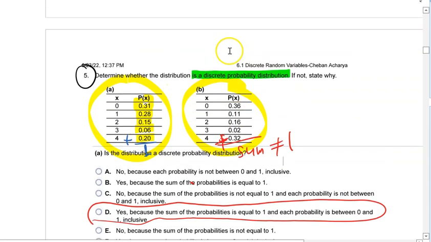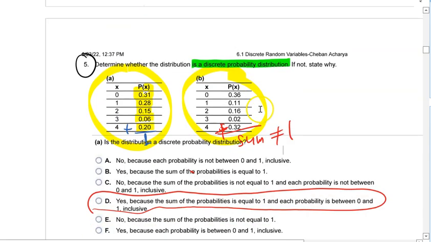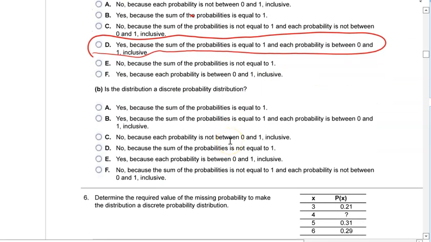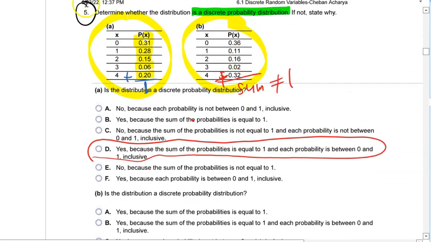Obviously all probabilities are between 0 and 1 inclusive here, but the sum is not equal to 1. Therefore, for B, the answer is no, because the sum of the probabilities is not equal to 1. Add it up and let's see.